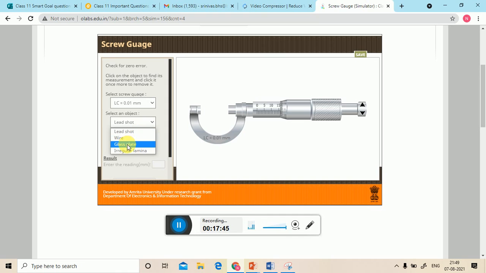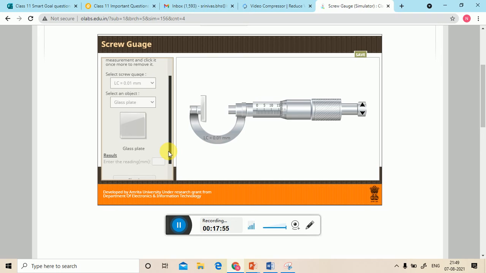So thickness we can measure with the screw gauge, length and breadth we can measure using the scale, and after getting length and breadth we can easily find out the volume of the glass plate also. So proceed according to the aim given in your lab manual. I hope you understood this procedure of measuring the thickness of glass plate and wire using this screw gauge.